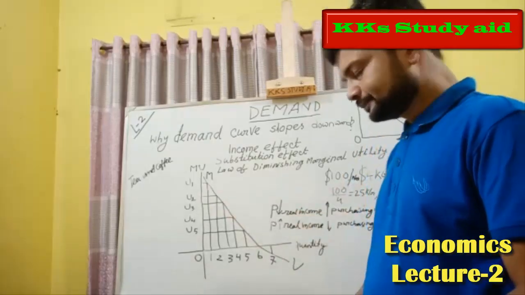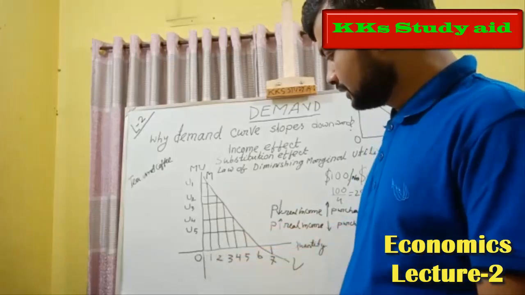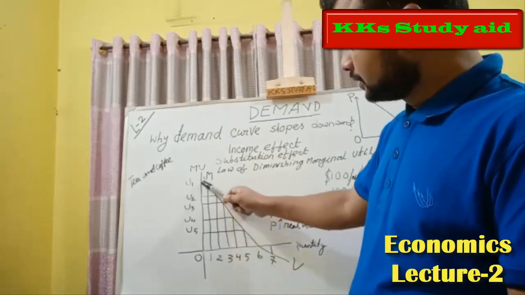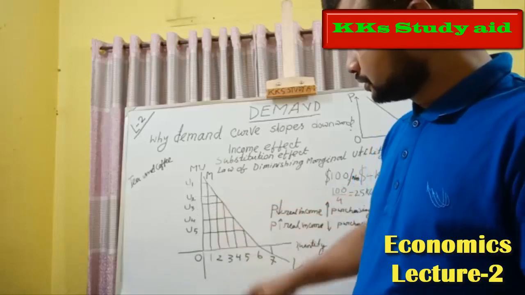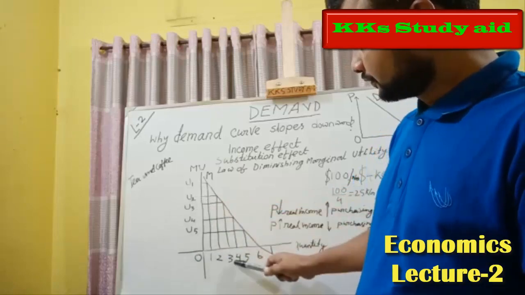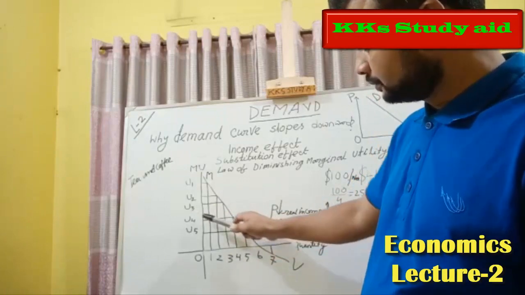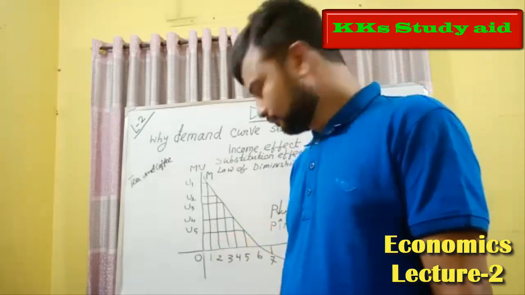Here we see that when a consumer consumes 1 unit of the commodity, his utility will be U1. When he consumes 2, his utility will be U2. When he consumes 3, his utility will be U3. When he consumes 4, utility will be U4. When he consumes 5, his utility will be U5.